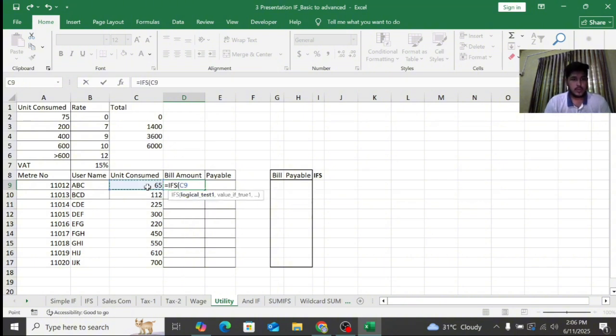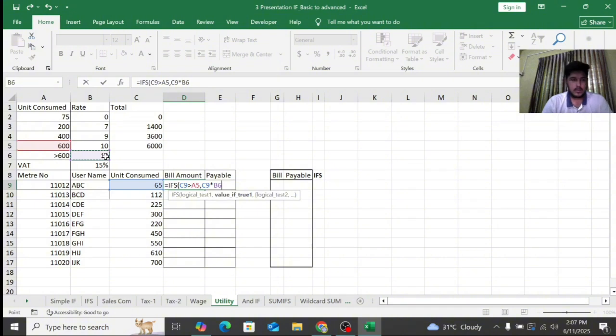And now if our unit consumed is greater than 200, if our unit is greater than 600, then our utility bill comes as 12 taka. Okay, if more than 600.